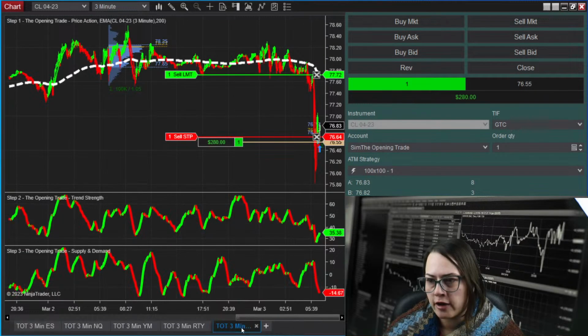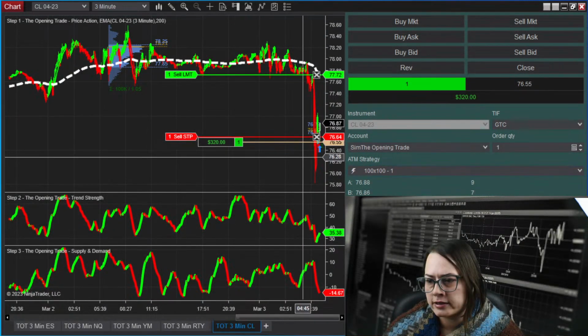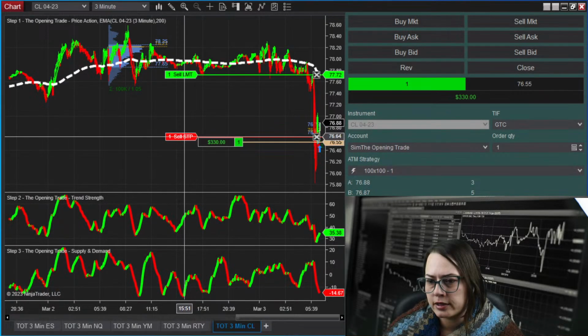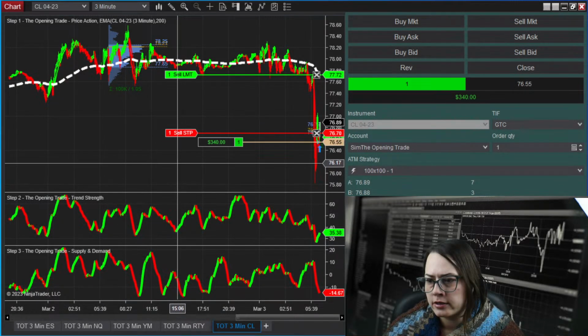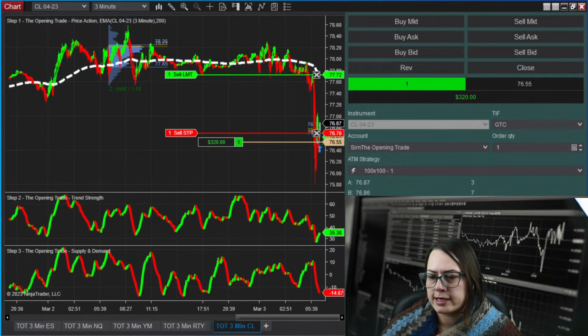So let's go check on our long trade, and look at that. Time to move my stop up by at least 5 cents there. Hopefully I got it. There we go, I did get it.